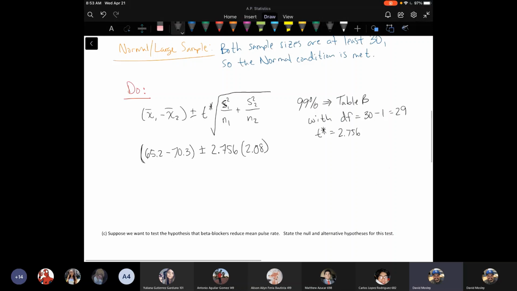Right, that was our standard error from earlier. So we get that, and we get approximately negative 5.10 plus or minus 5.73.